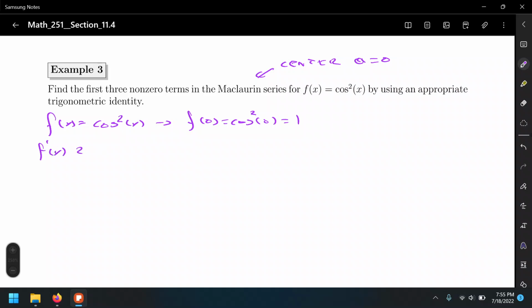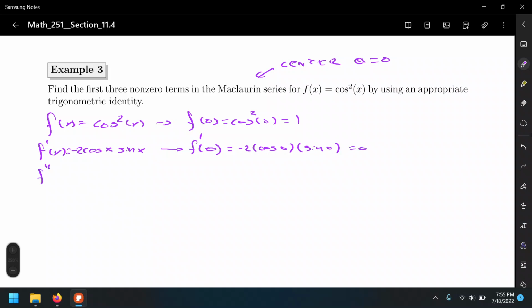That's 2 cosine x sine x, actually negative, because the derivative of cosine is negative. There's a mini chain rule, and then see how this is going to start complicating. Negative 2 times cosine 0, or rather sine 0. Well, this is going to be 0.